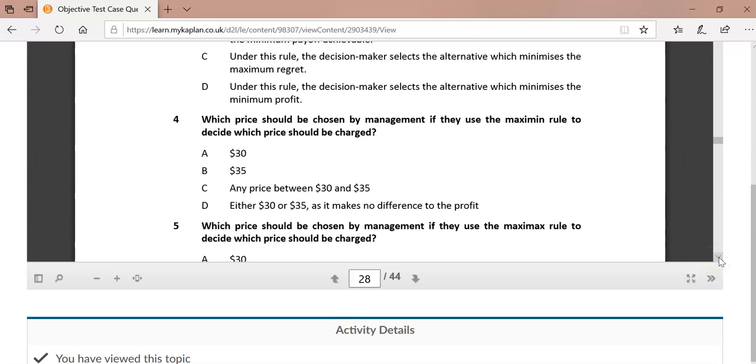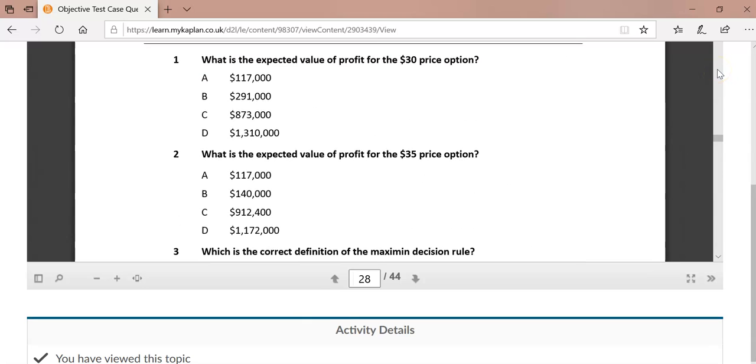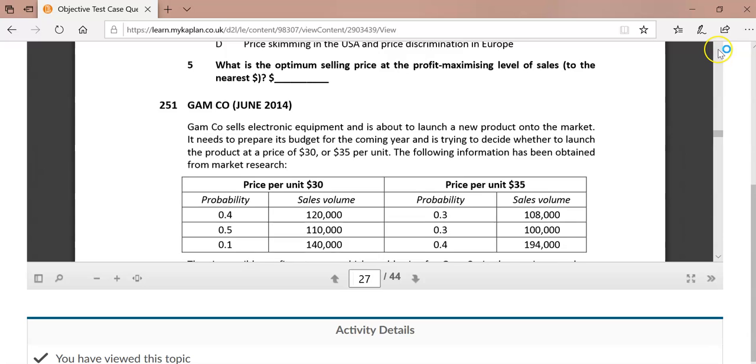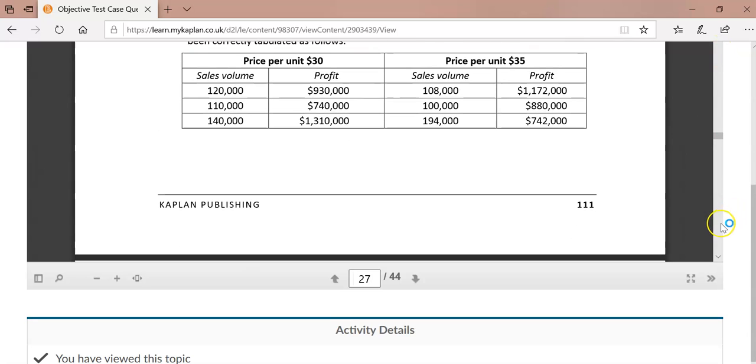Let's look at the question. If you want to use the Maxi Min rule, let's go back and look at the scenarios. If he decides to go with £30, what is the worst case scenario? 740,000. If he decides to go with 35, what is the worst case scenario? 742.